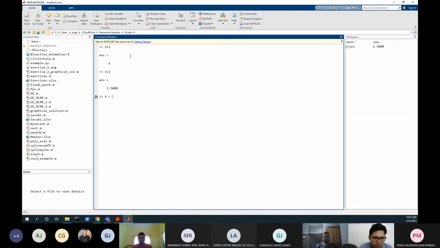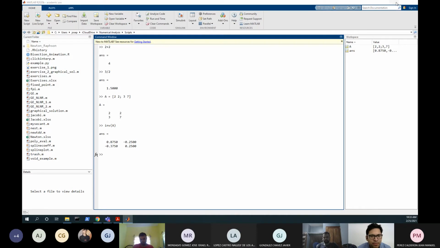So a matrix A could be equal to 2, 2, then 4, and then separate, 3 and 7, and then you have a matrix. So this is a 2 by 2 matrix. You can compute the inverse of A, and this is the inverse of A. So you have a lot of functions in Matlab. I'm assuming that you already took the class of Matlab, your basic class of Matlab. But now it's time to actually use Matlab for plotting functions.